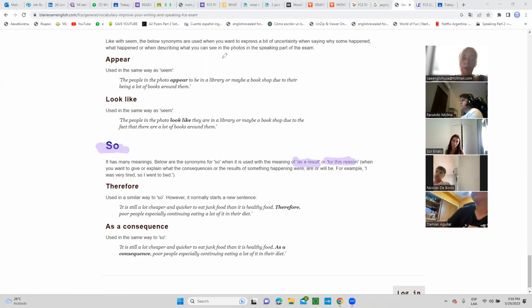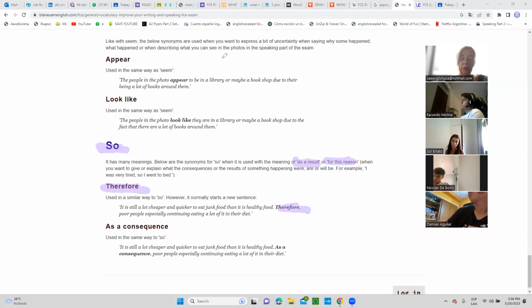Try to use therefore. Therefore is used in a similar way to so. However, it normally starts a new sentence. It's going to be used at the beginning. It is still a lot cheaper and quicker to eat junk food than it is healthy food.